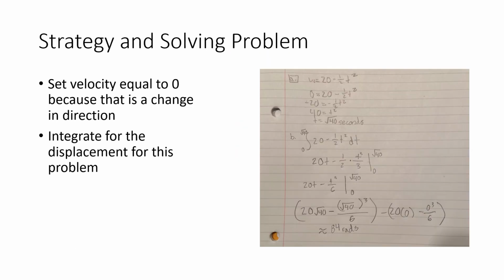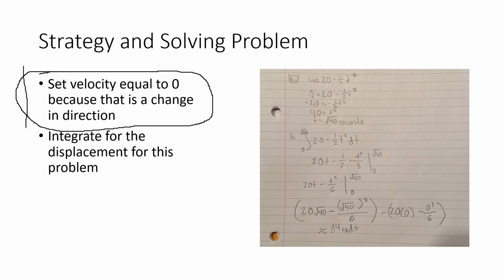So, in order to solve this problem, the first part, we need to set the velocity equal to 0, because when the velocity is equal to 0, that generally means that there is a change in direction, in position. So the position will go from positive to negative, and this is because velocity is switching from positive to negative.